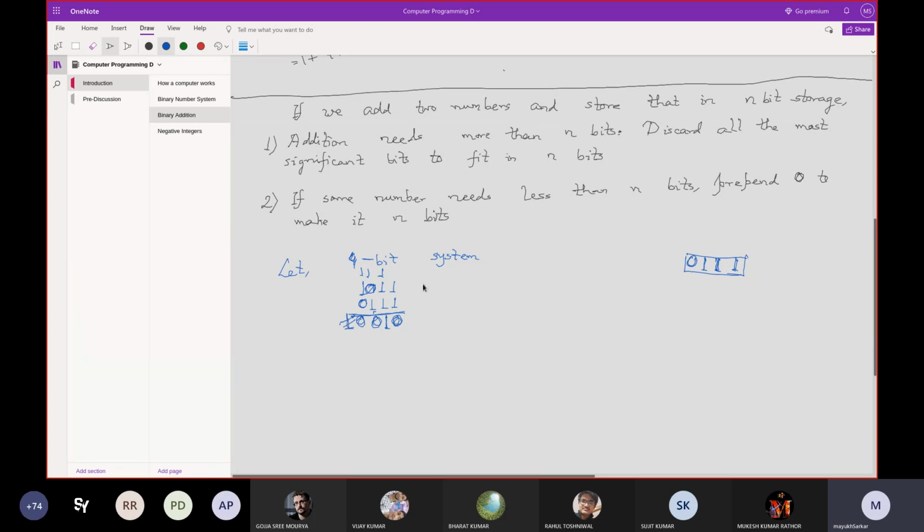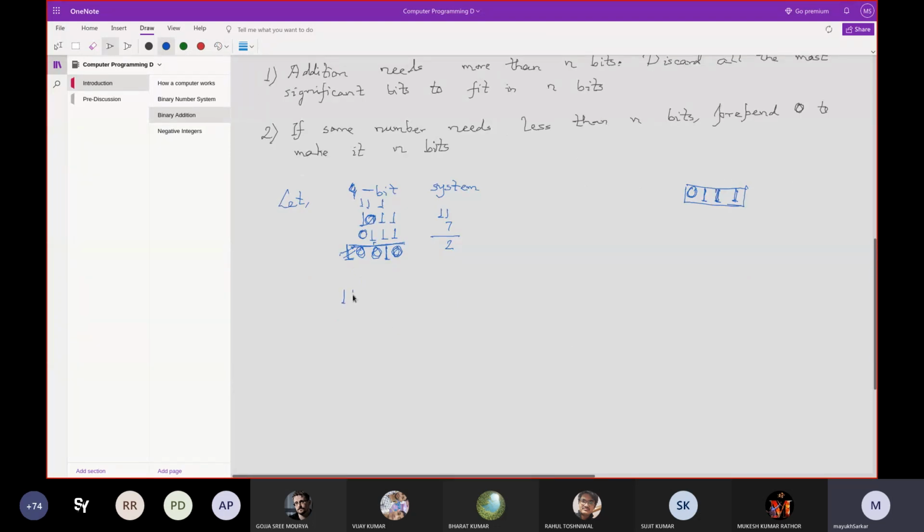So it may seem that we added 11 and 7 and somehow got the result 2, because 0010 is 2. But what actually happened is that it correctly calculated 18, but it could not fit 18 into a 4-bit system. Can you tell me what is the maximum number that you can fit in a 4-bit system?